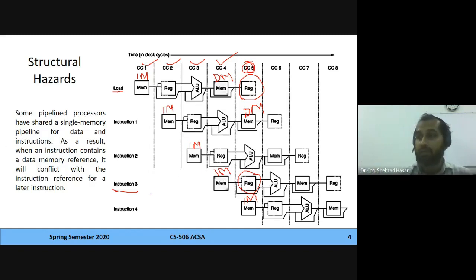So normally you have multiple read ports, but only a single write port, but that reading and writing should happen at different times. Because for example, if you want to read the value of R1 and write the value of R1 at the same time, that is going to be a problem, because you don't know which one has to be written first and which one has to be read first.